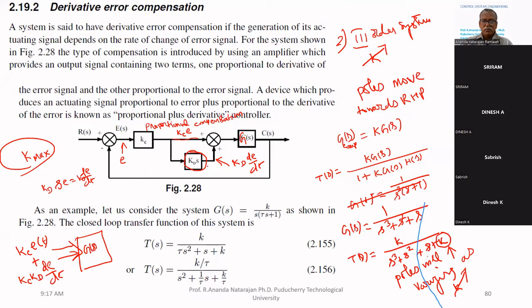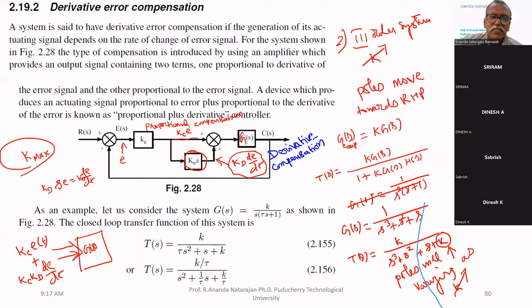Now let us check what will happen if we add this derivative compensation. This component is called derivative compensation.